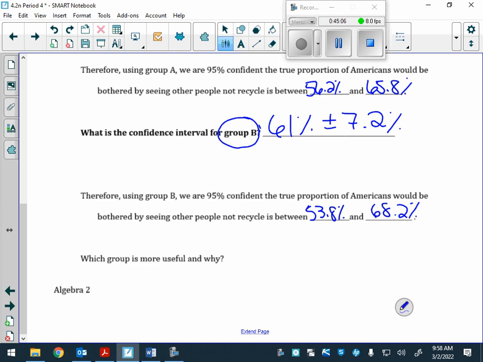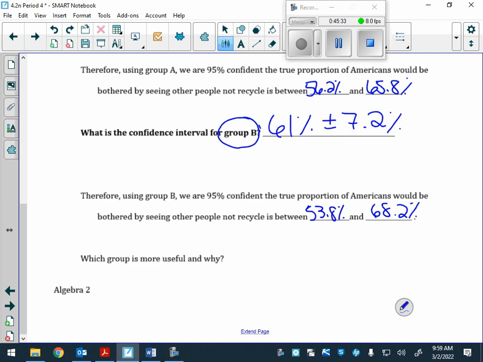Okay. Oh, Noella. You're correct. Okay, can someone build off of that? Correct. So Group A is the better bet because the larger the group, if you guys just notice, the smaller the margin of error.